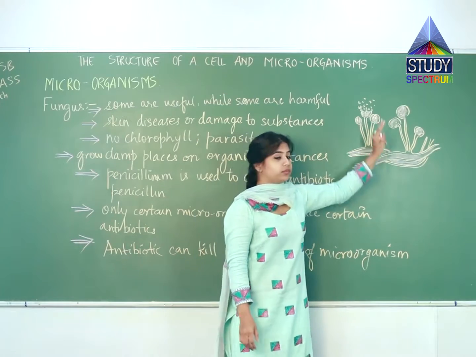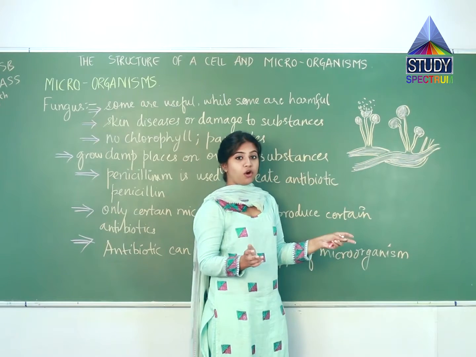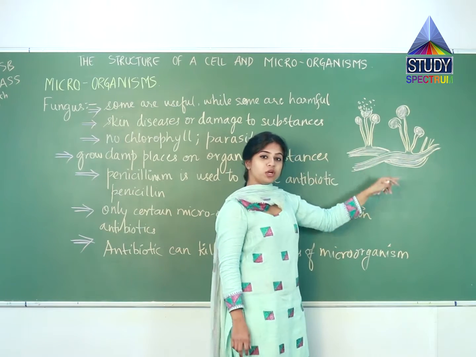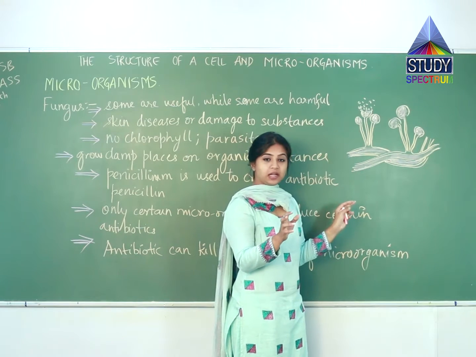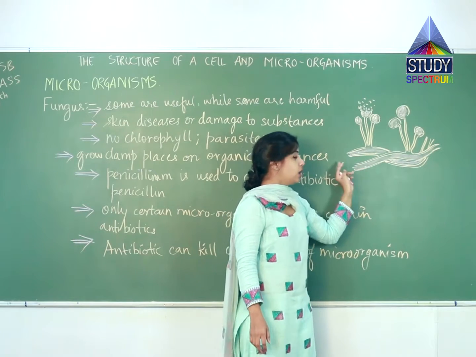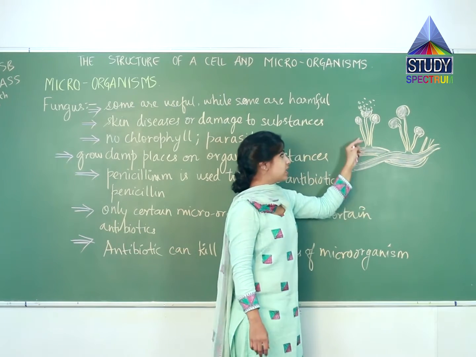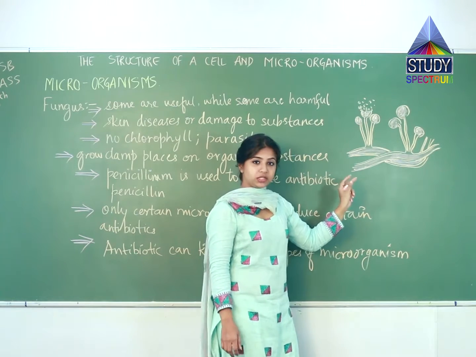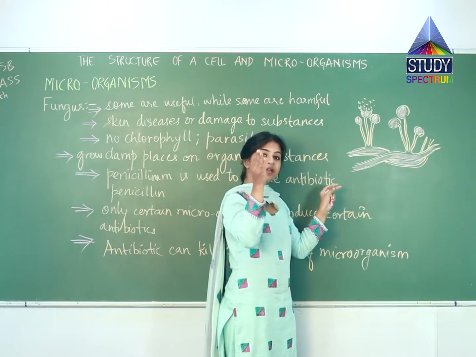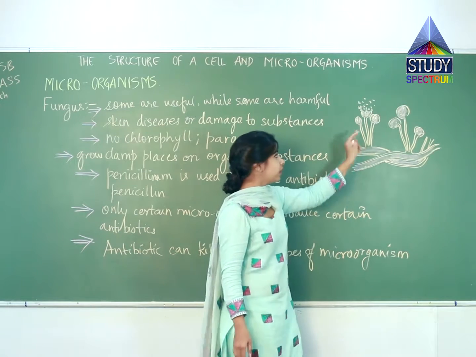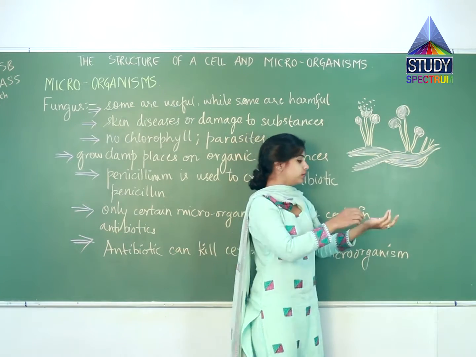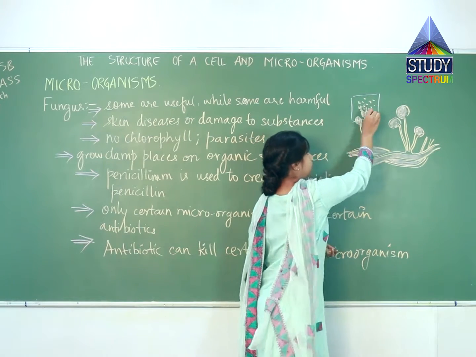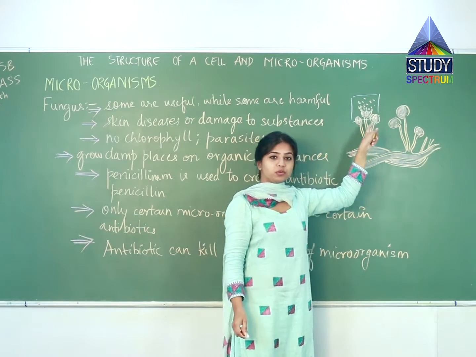So right here I have the structure of the fungus drawn on the board. Now you can observe that the structure has long filaments and it has hyphae extended out. So we can brief it: the structure of fungus is filamentous, has hyphae, and over here you see these little spores.